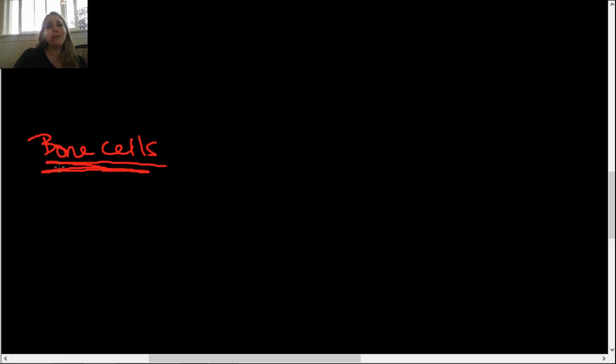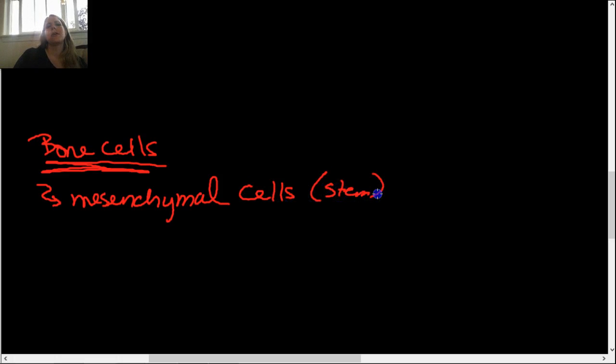Bone is just more mature than cartilage in a sense. They start out in stem cell format called mesenchymal cells. See a pattern here? These guys are mesenchymal cells, which are stem cells.